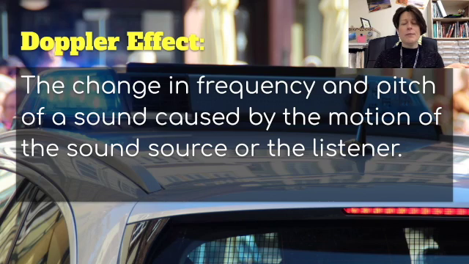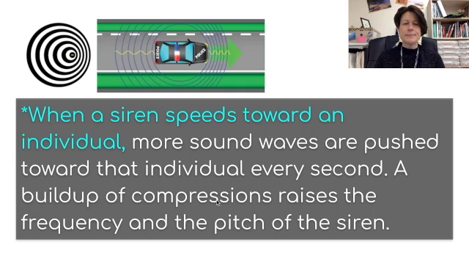Because I really don't think the car's sound really changes that much. So it has to do with our position to it. So what is happening is when a siren speeds toward an individual, more sound waves are pushed toward that individual every second. A buildup of compressions raises the frequency and the pitch of the siren.